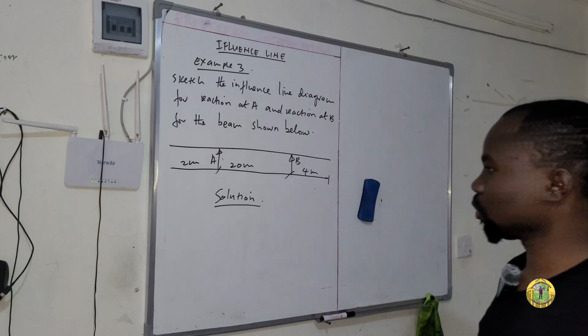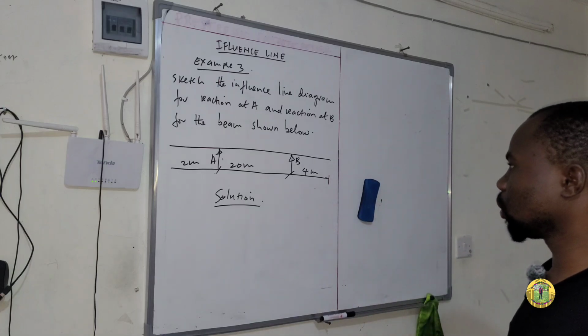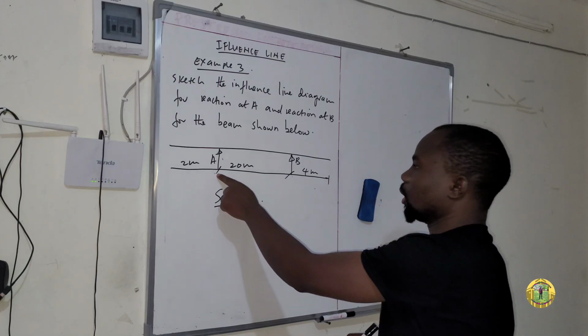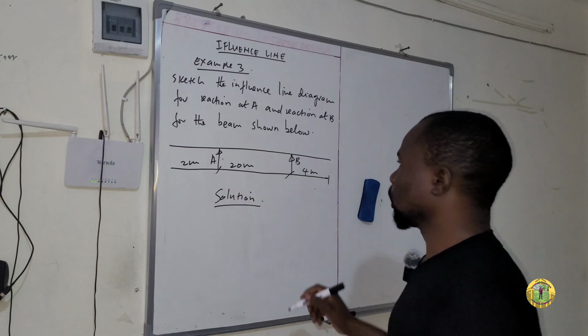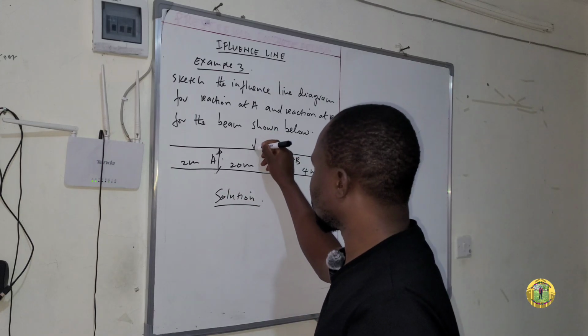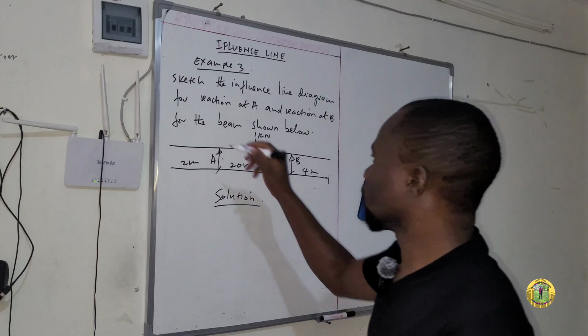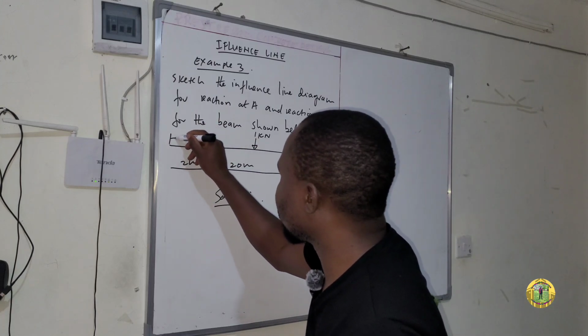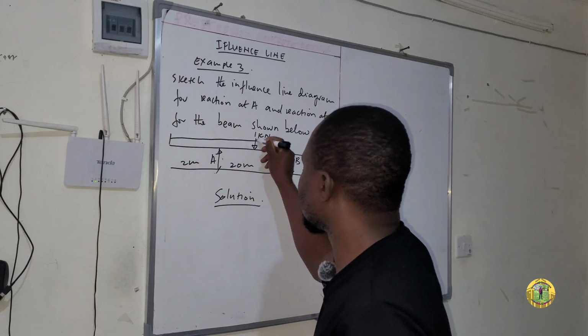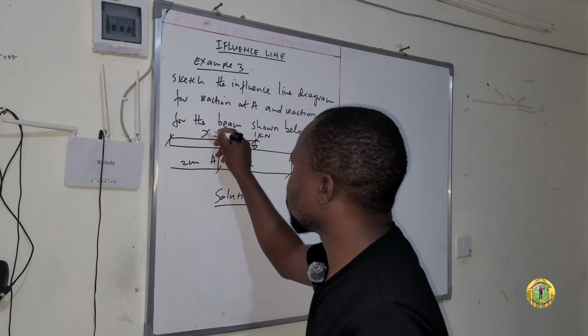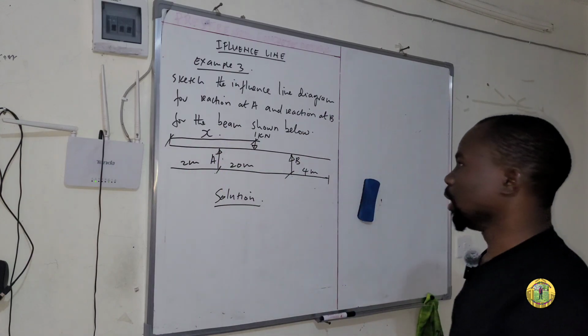So the first thing to do is to consider a 1 unit load from the left support, which is A. So this is 1 kilonewton, and the distance will be x from the overhanging side. So this is distance x.